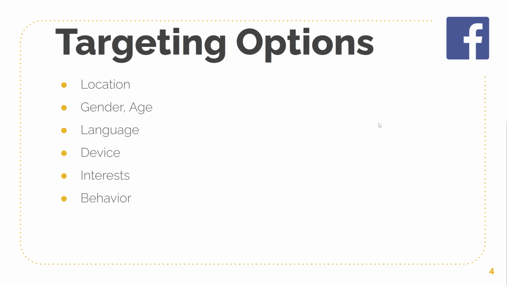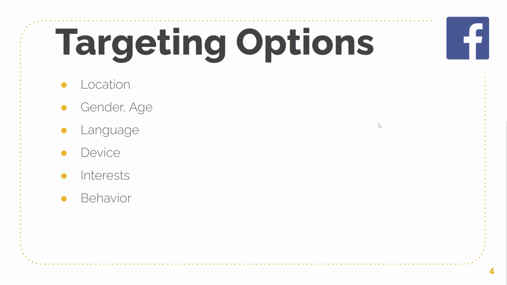Targeting options on Facebook are another advantage of this platform. It's possible to target people by location. As for location, it's a very specific location. You can target as accurately as a specific street. So it's not just a region, a state, a country, a city. The targeting is super accurate.